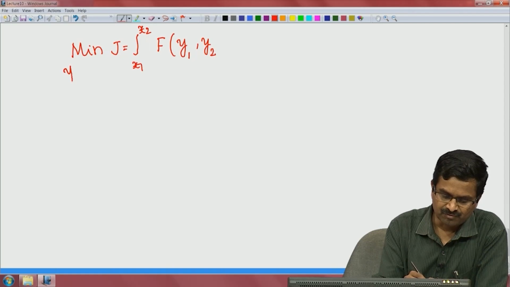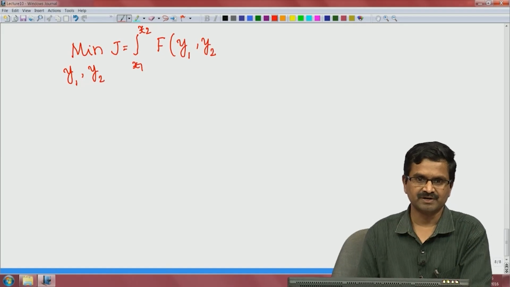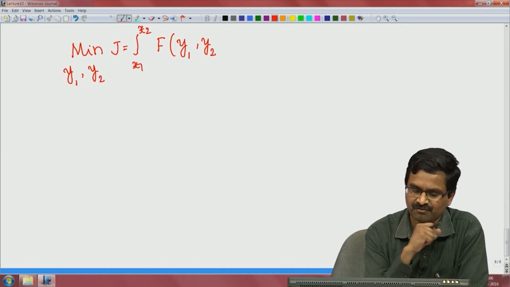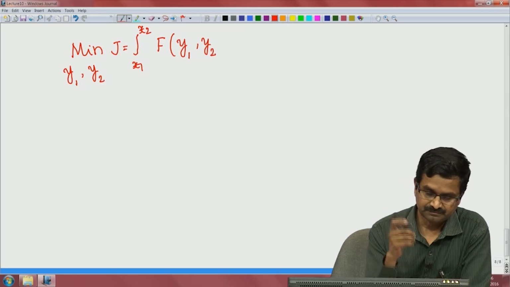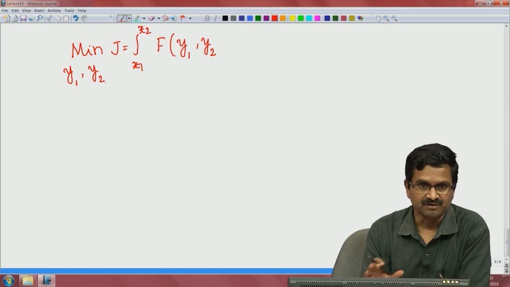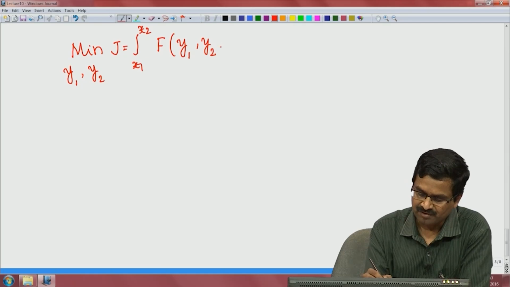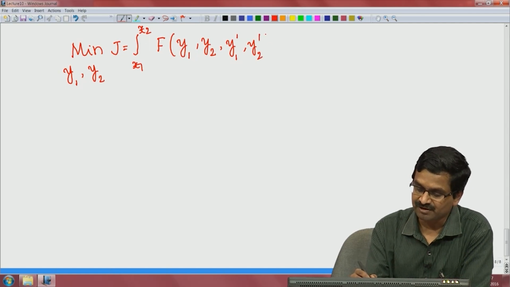So, both of which we have to treat as variables. There could be problems, which we will definitely see in structural optimization, where there are multiple functions that you need to minimize something with respect to. Then we will have y1, y2, and there could be a first derivative of y1, there could be a second derivative of y1. We will stop there for now.